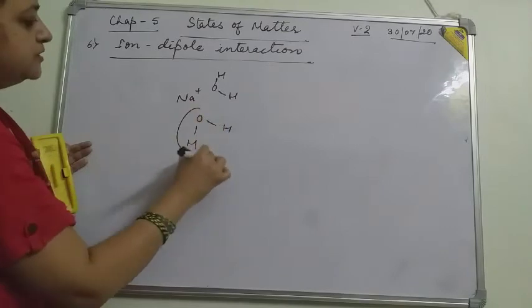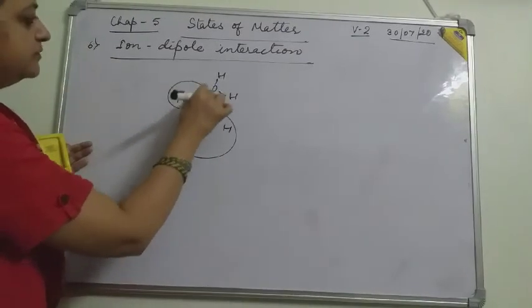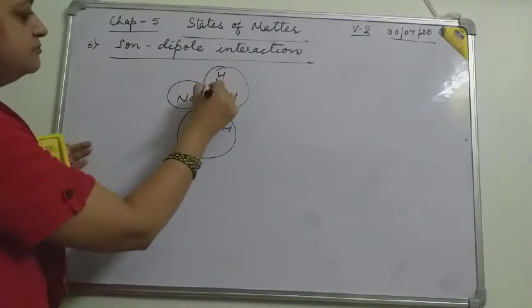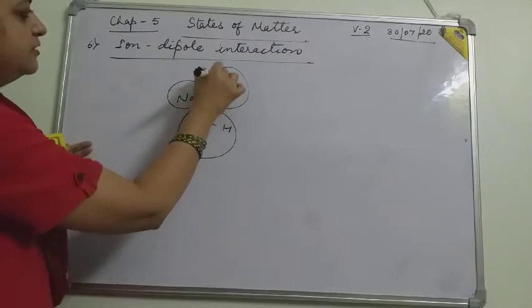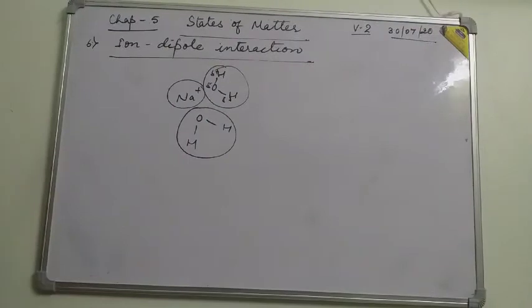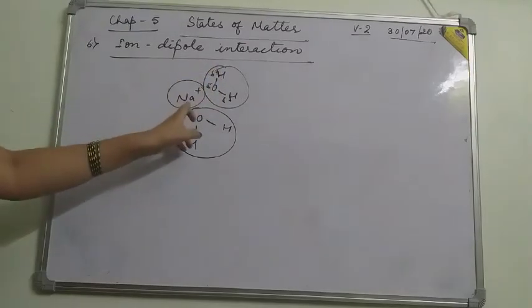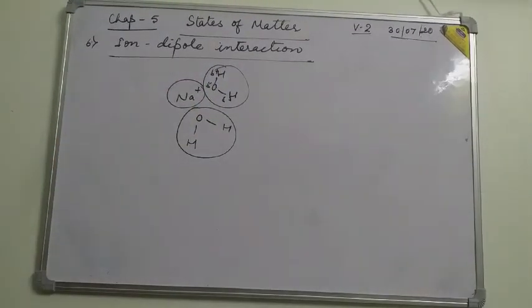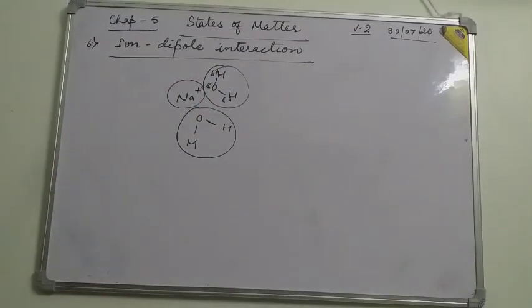Due to the presence of this sodium, this end of the water molecule becomes negative and this becomes positive, and there is a strong interaction between these two. There is a dipole and there is a charge, so a polarity develops on it.